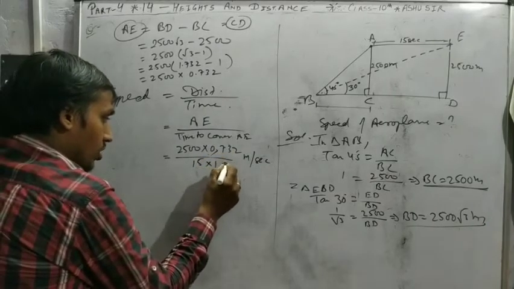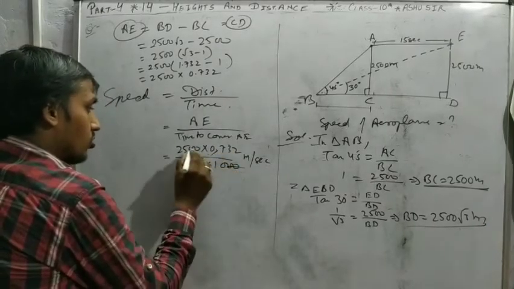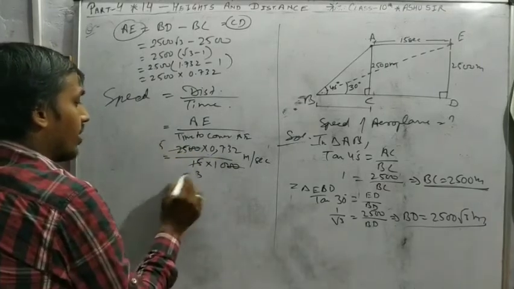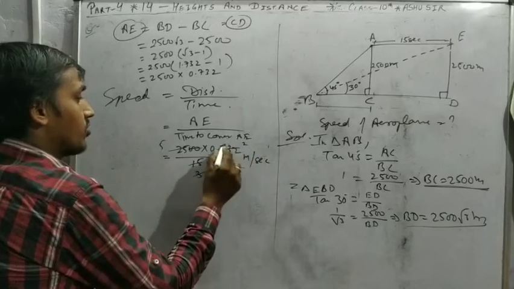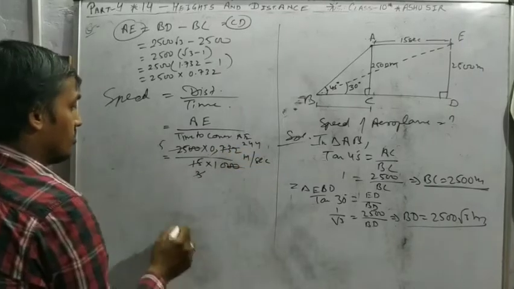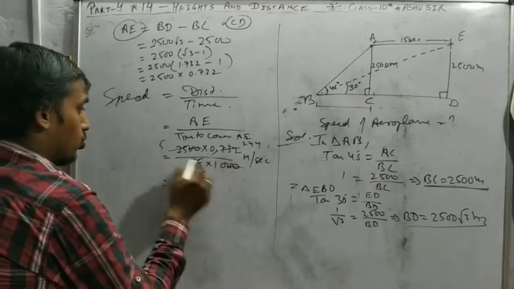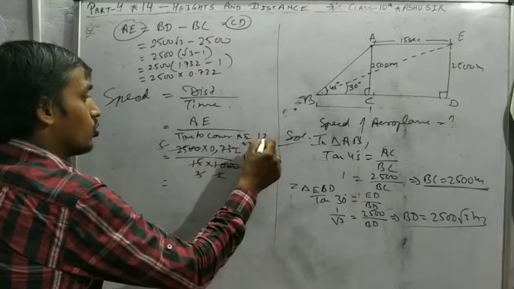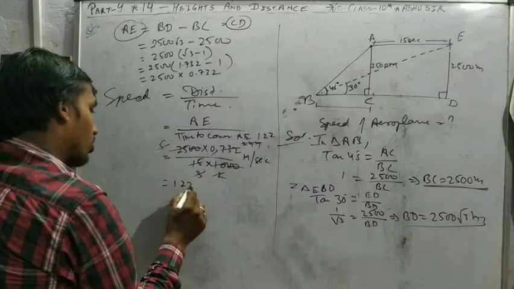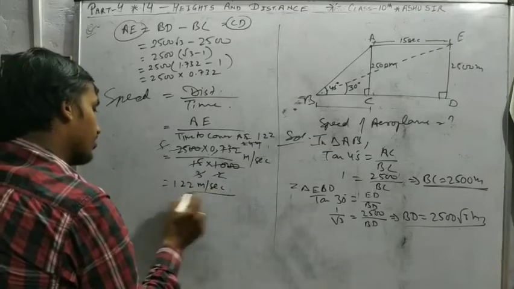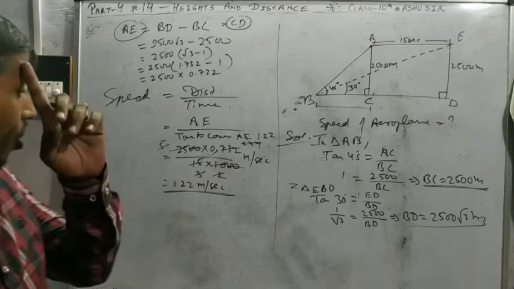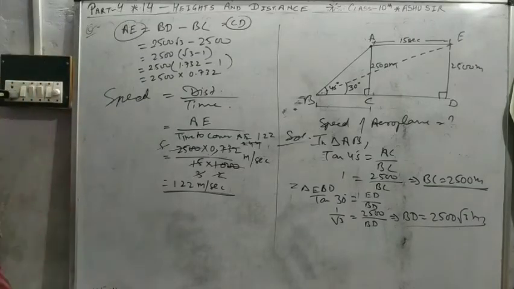Cancel the common factors and multiply: the result is 122 meter per second. This is the speed of the aeroplane.